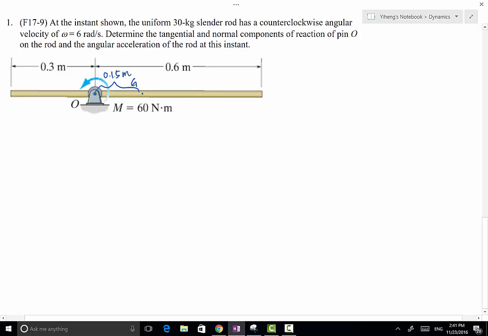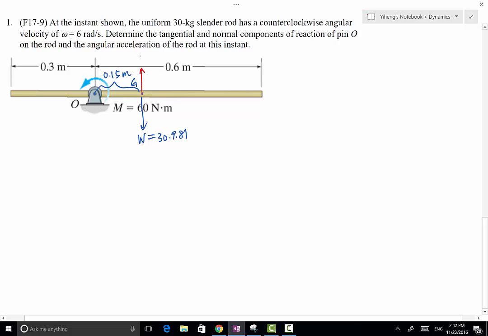So at point G, we have the weight force W equals 30 times 9.81. And then at point O, we will have two force components, but in which directions we should draw the force components? For that, we actually need to draw the kinetic diagram first. Because the rotation is counterclockwise in this direction, this is our tangential direction.